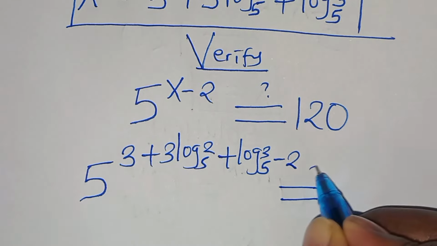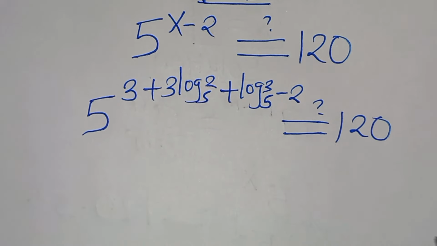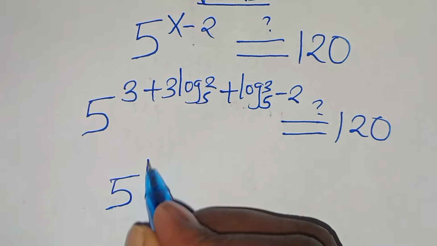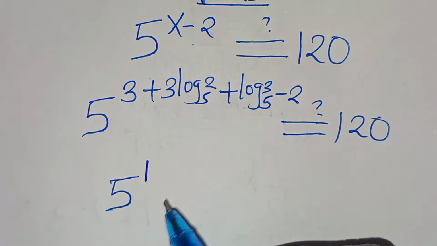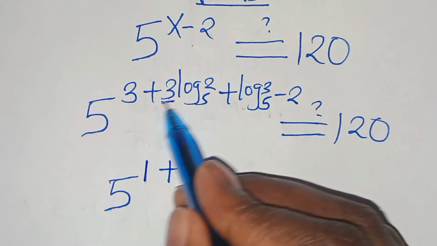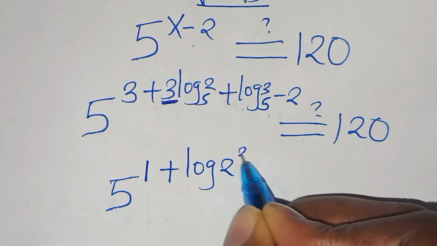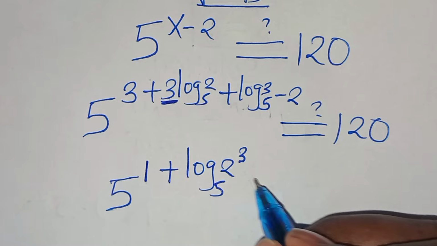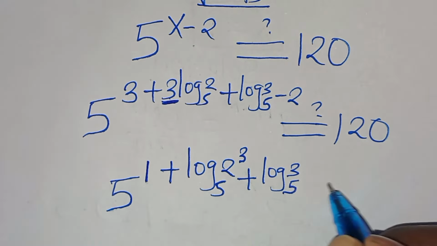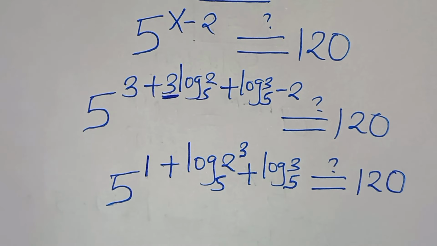This is supposed to give us a value of 120. Now, we have 3 minus 2, so this means we have 5 to the power of 1, since 3 minus 2 is 1, then plus 3 log 2 to base 5. 3 is a power here, so we can express this as log 2 to the power of 3 to base 5. Then plus log 3 to base 5. This should give us a value of 120.